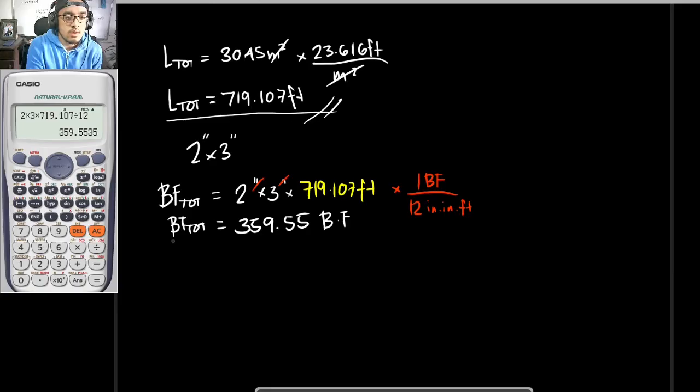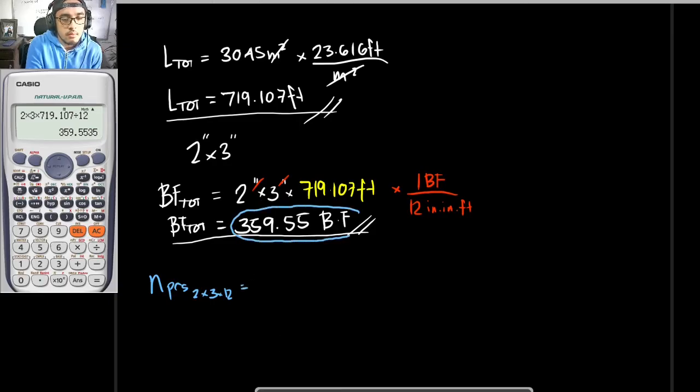This is the total board foot that we would be needing. And since the quantity that we are solving for in this problem is the number of pieces of 2 by 3 by 12, what we would be doing is to divide this by the volume of one piece of 2 by 3 by 12.